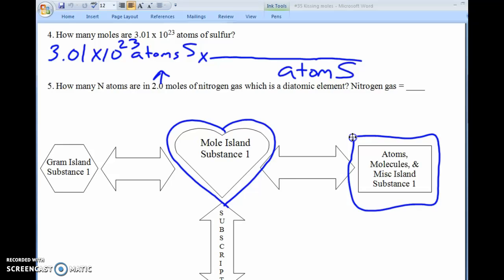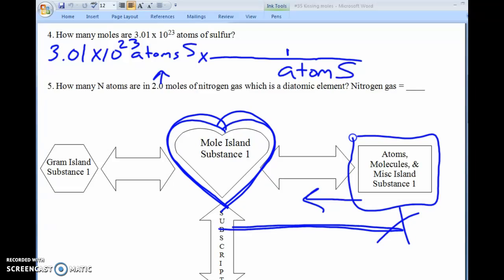According to our map that's right down here, I'm right over here. I'm going across this bridge going this direction, and I can in fact go to moles. So I can put mole of sulfur on top. This bridge is called 6.02 times 10 to the 23rd. That means that is going to be involved. So you have to ask yourself, are there 6.02 times 10 to the 23rd atoms in 1 mole? Or is there 6.02 times 10 to the 23rd moles in 1 atom?